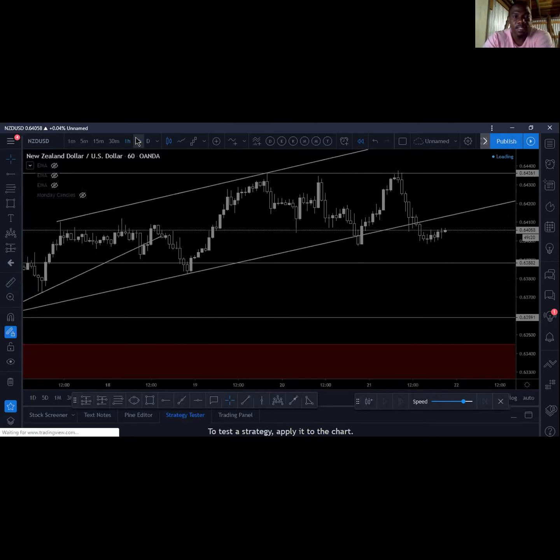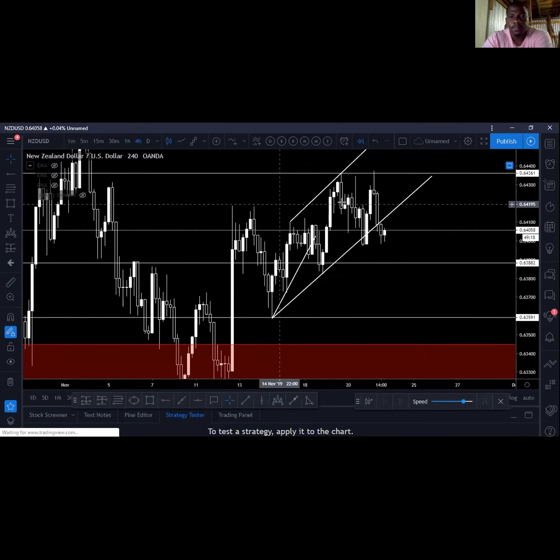But I'm sure if I change to the H4, you will see the same thing over here. A nice engulfing candle and a nice swing high: two candles to the left, two candles to the right, one in the middle. That gives you a nice area.